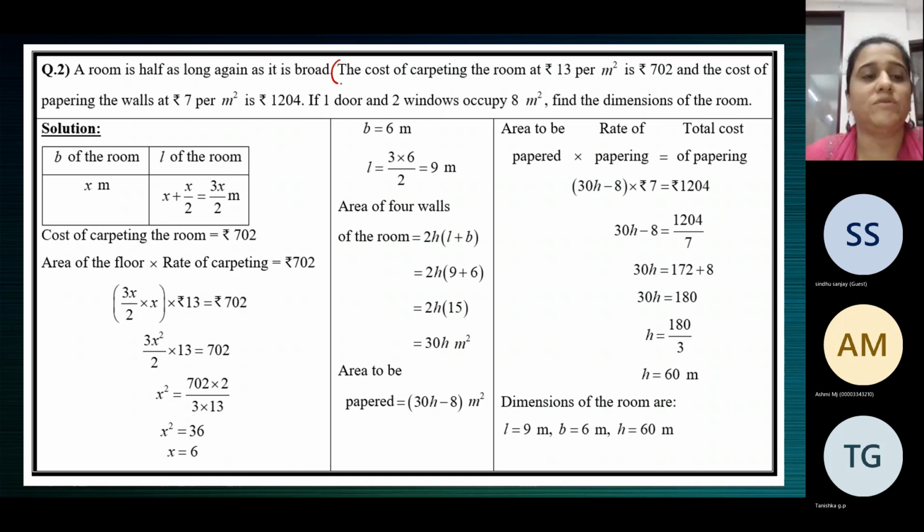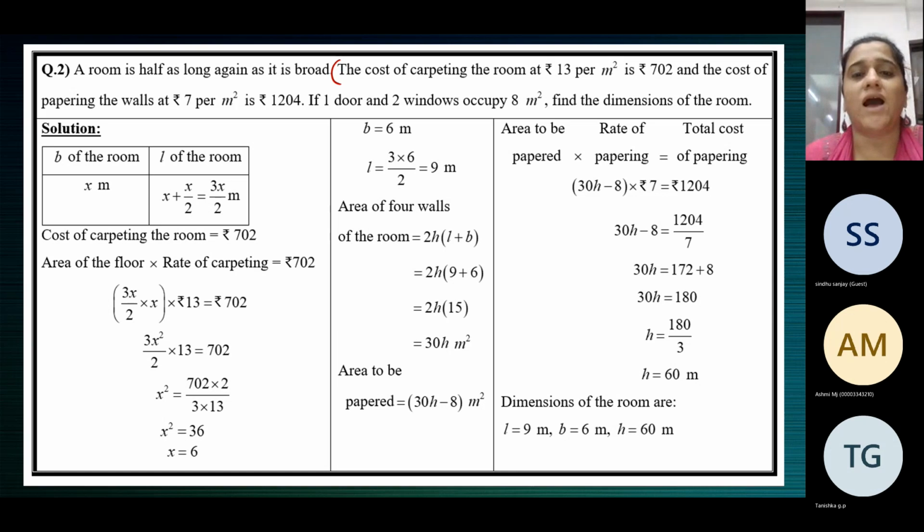Now the cost of carpet. You do not know the length and breadth. You only know a relation between the length and breadth. Arjun, are you able to focus? The length and breadth is not given. Only a relation is given. If the breadth is x, the length is 3x by 2. That's all you know.